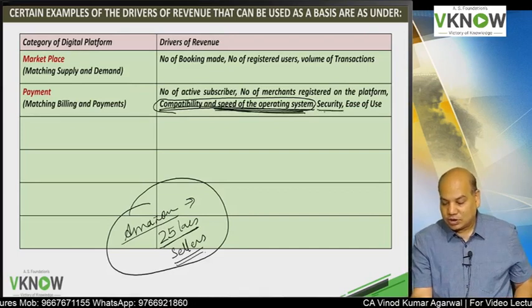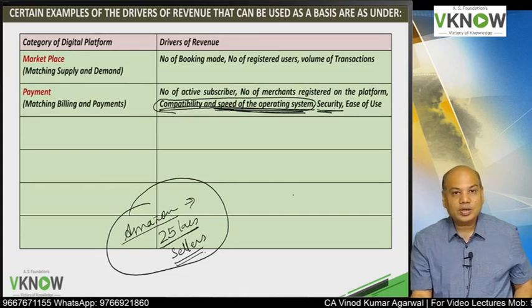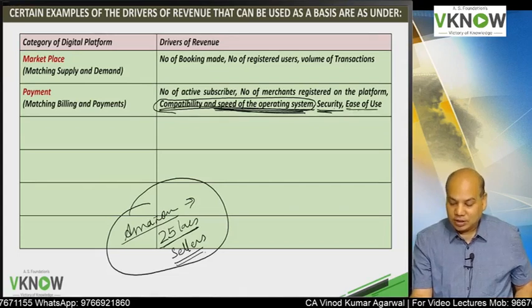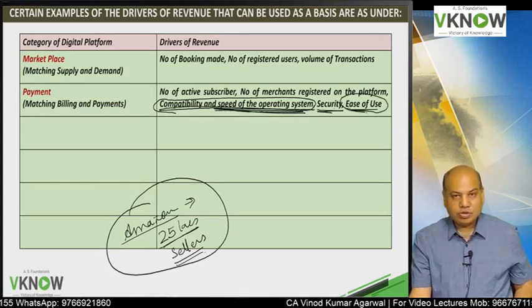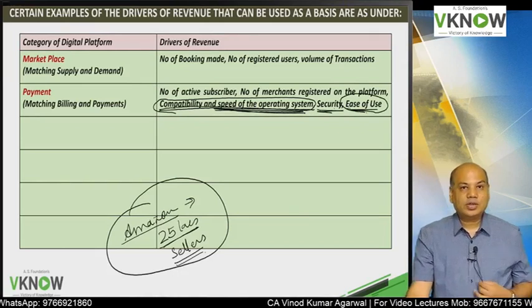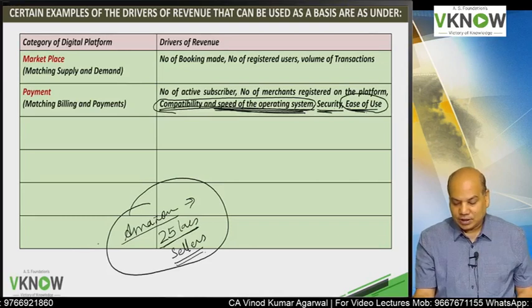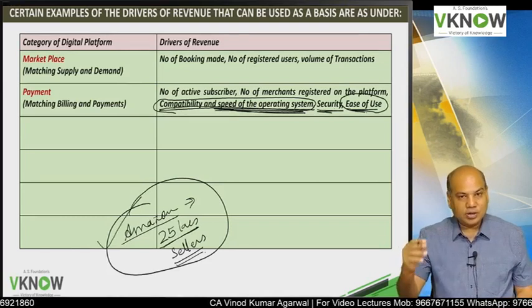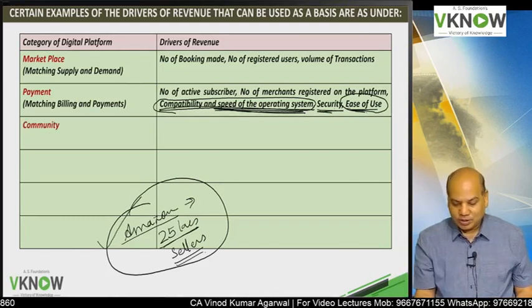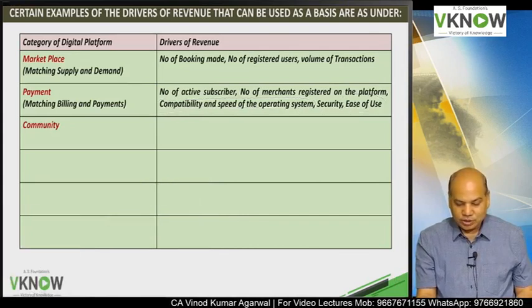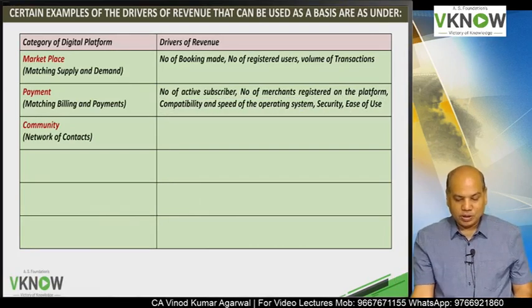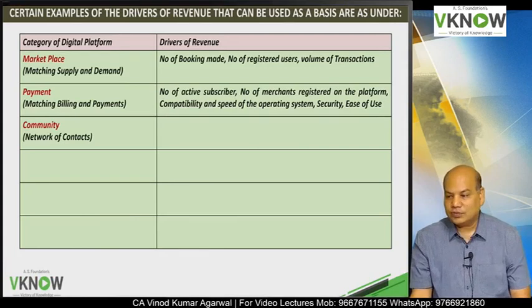Then the security of the website is important, data should not be leaked, and then most importantly, what makes a platform popular is the ease of use. Websites like Amazon, Flipkart, Google Pay, PhonePe, BookMyShow, why are they so popular? Because of the ease of use.